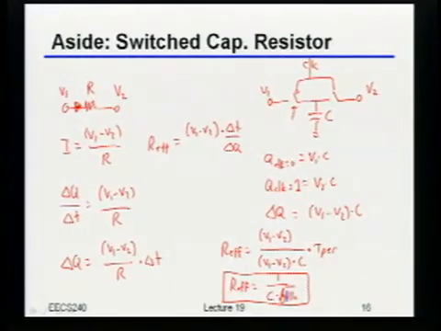Filter corner is defined by the ratio of capacitances. There we go, right? So if you guys remember when we talked about biasing and stuff like that, you remember how I said anytime you want to get something to track or be set by something that you know what it is?